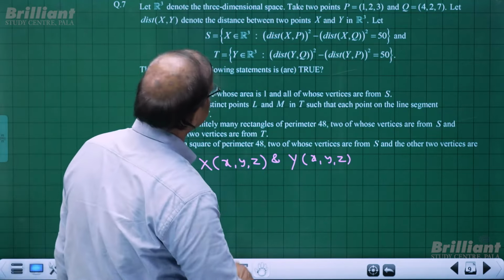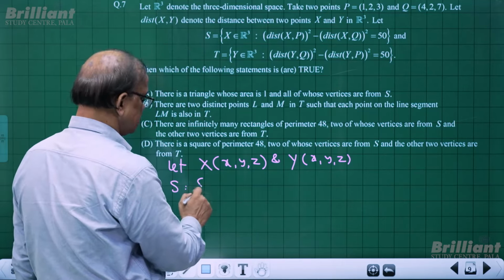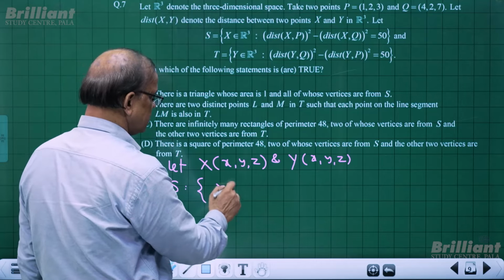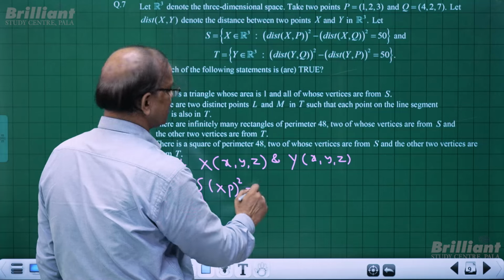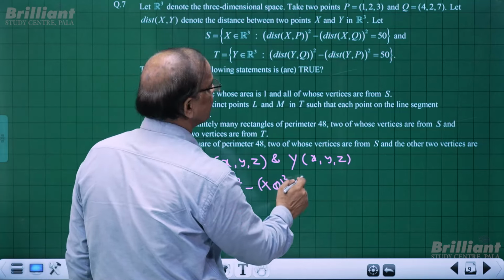Now, set S: XP squared minus XQ squared is equal to 50.